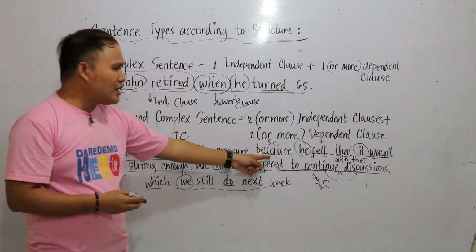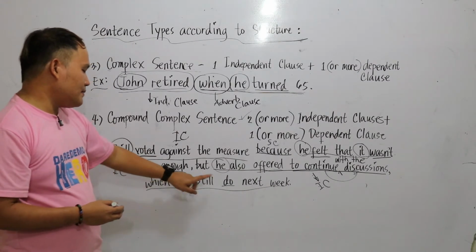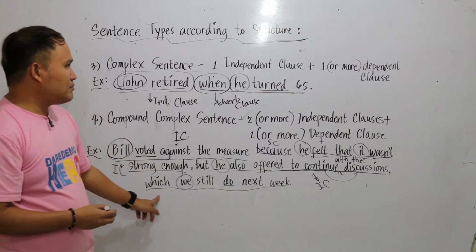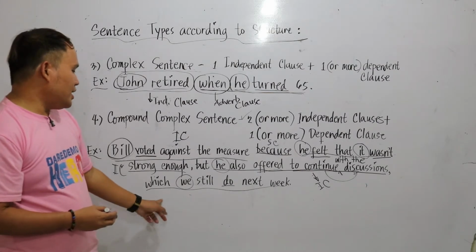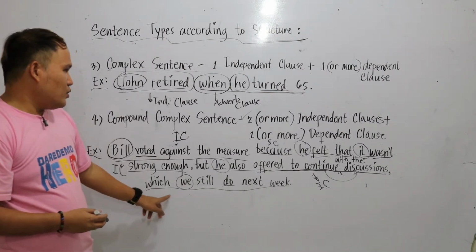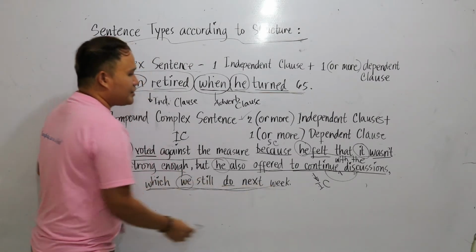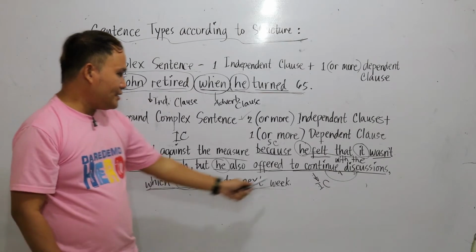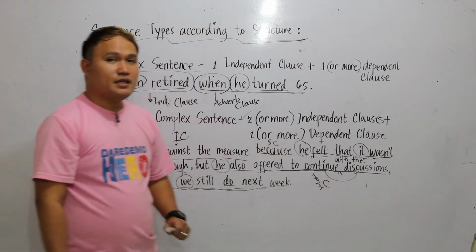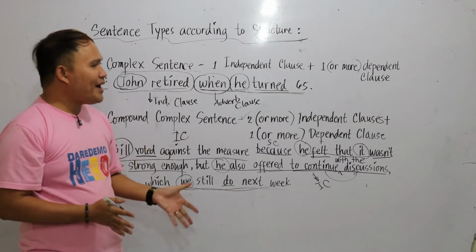So we have because, we also have but, and another dependent clause which is an adjective clause. Okay? Because this is an adjective clause because it modifies discussions. Okay? So there you have it.